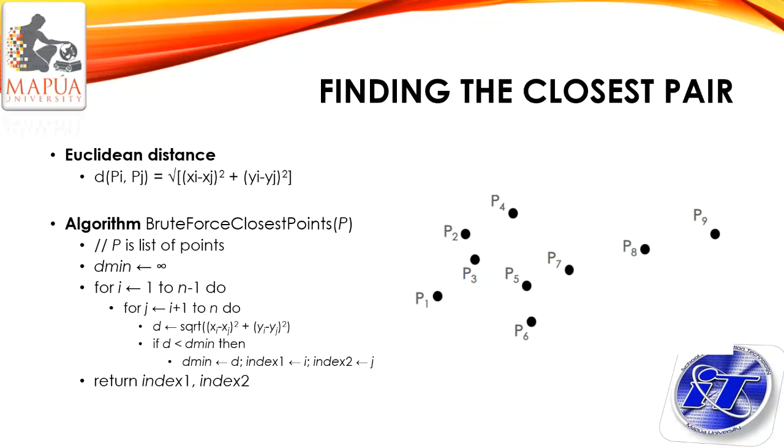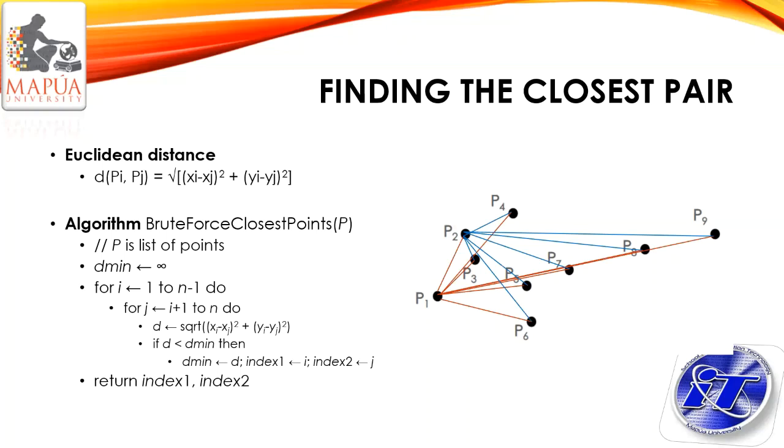So for example, the distance between P1 and P2, P1 and P3, P1 and P4, and so on up to P1 and P9. And we have P2 and P3, P2 and P4, up to P2 and P9, until we get all combinations of paired points.